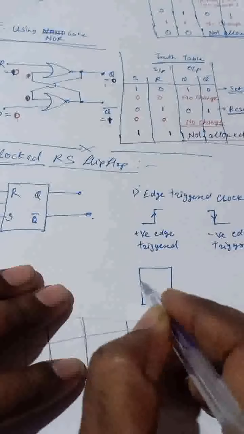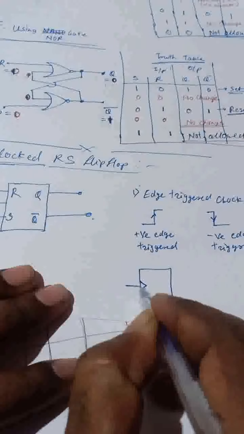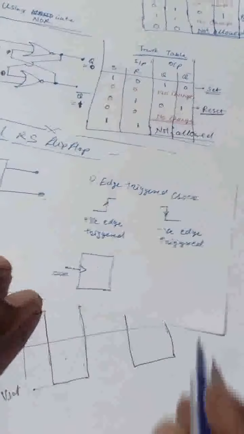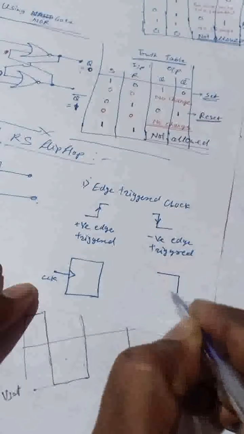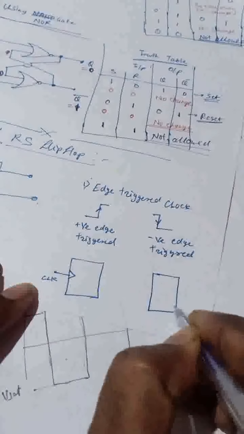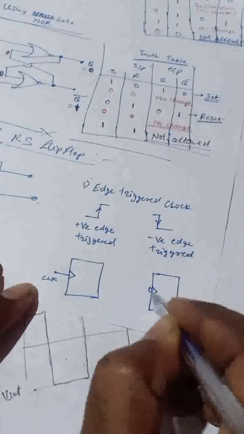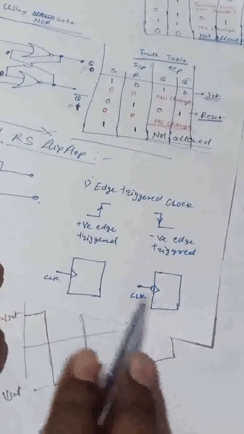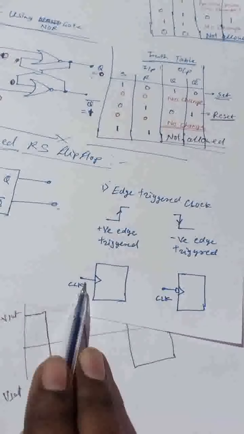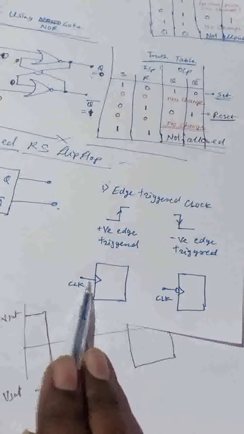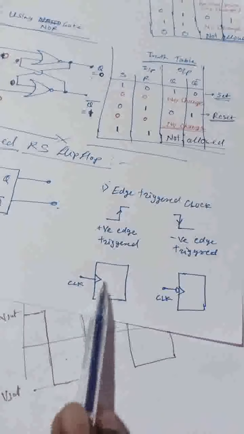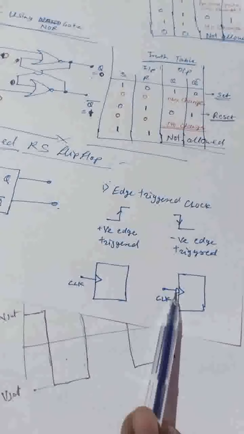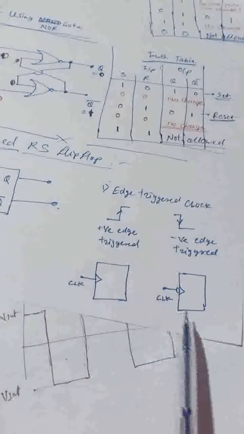Positive edge triggered is indicated like this, and negative edge triggered is indicated like this. On the diagram, if you indicate it like this, it is positive edge triggered. If it is indicated with a bubble, that is called negative edge triggered.